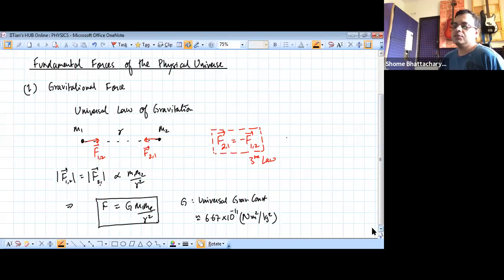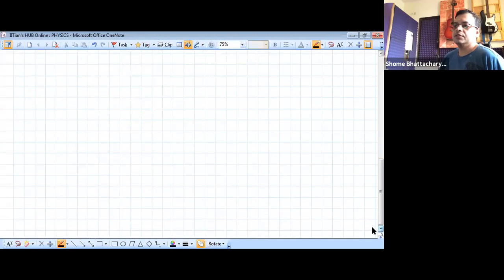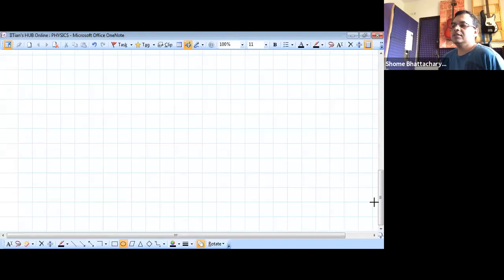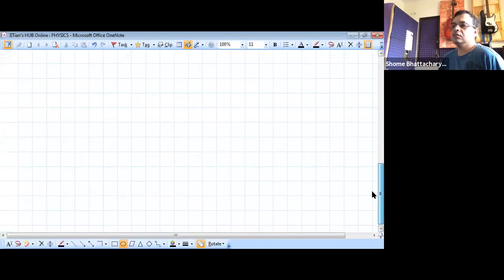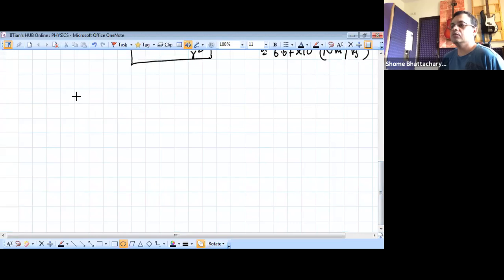That brings me to the second point about Newton's law of gravitation, or the universal gravitational law. Suppose that instead of two particles, one of the objects which has mass is a spherical body.